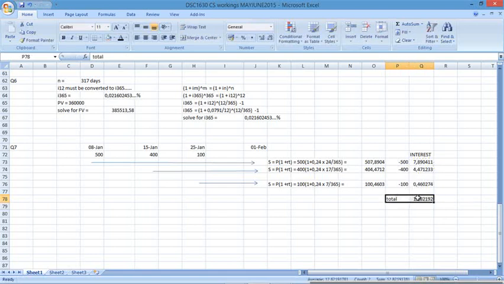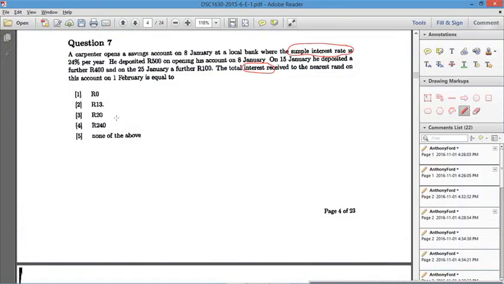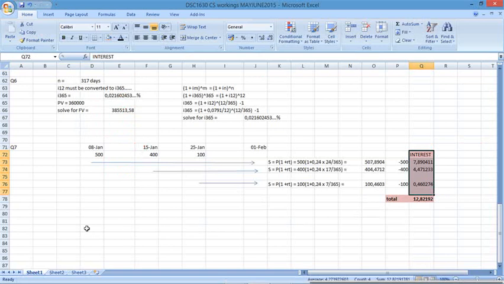And if I sum up all of that, I get that answer, which is representing the total interest. 13 Rand would have been the nearest Rand. Okay, question number 7.